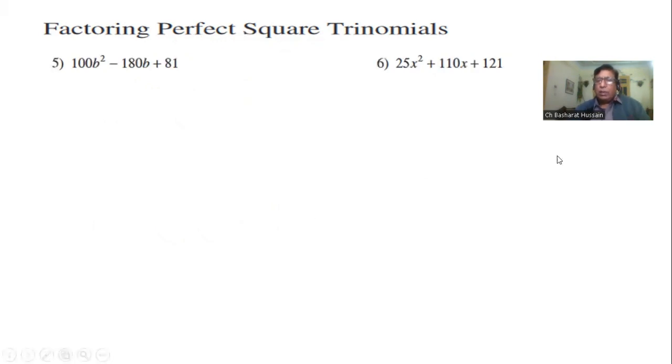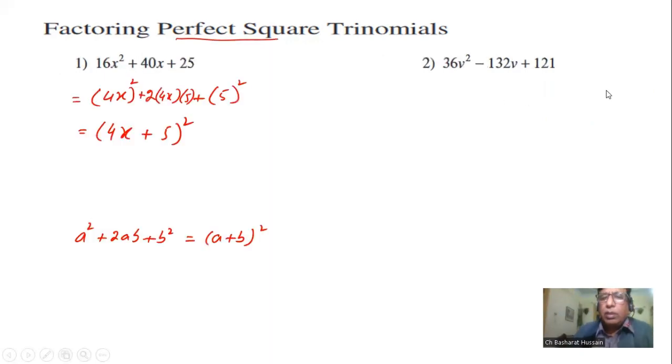Now check this: 36v square minus 132v plus 121. You can easily change 36v square into 6v whole square, and we can write 121 as 11 square, because 11 square is equal to 121. Now the middle term is double of the factors 6v and 11: 6 times 2 is 12, 12 elevens are 132.